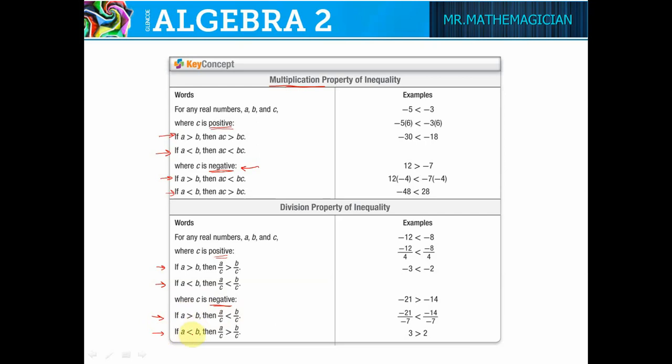If it's smaller than, it will be bigger than. So, a summary: while multiplying or dividing by a positive number, the direction of the inequality stays the same. While multiplying or dividing by a negative number, the direction of the inequality changes.